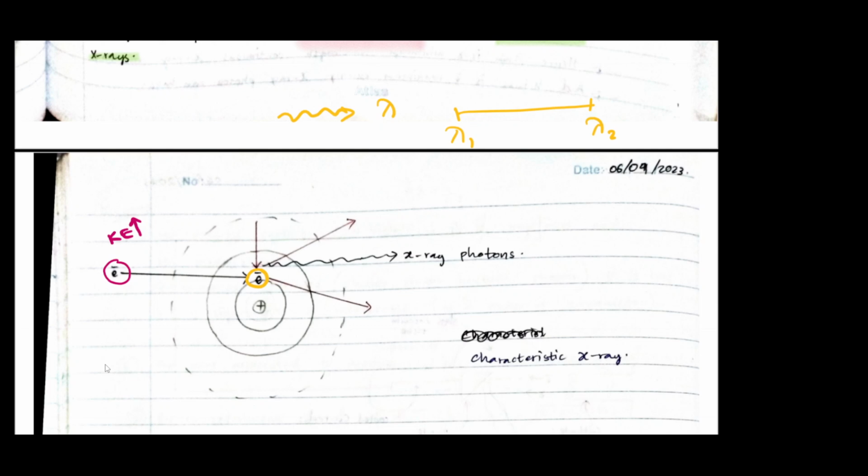So when this electron hits this electron, the electron is just removed and it moves away, and this electron just rebounds. So here we have an empty vacancy.